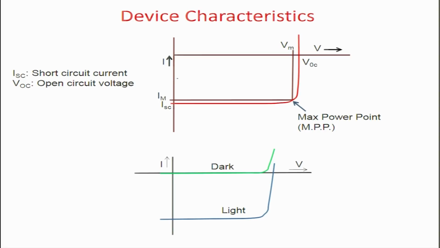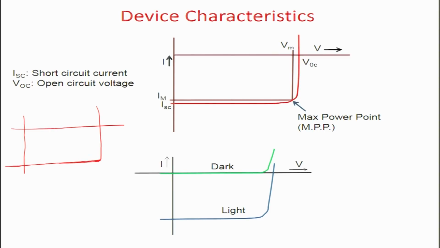The rectangle is drawn by this blue line and the brown lines. The current and voltage corresponding to those are called Vm and Im, and this point is called the maximum power point. This can be determined mathematically, since basically you want to maximize the power. If your IV curve is like this, the rectangle is the same as the IV curve.